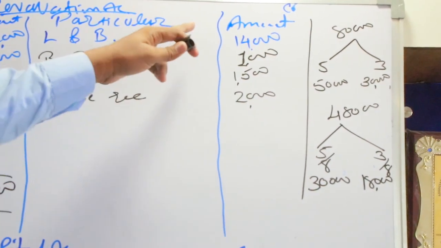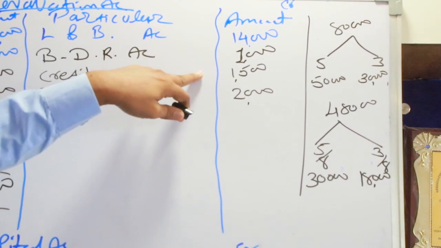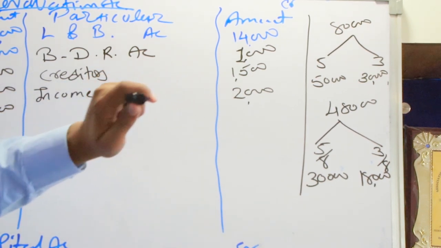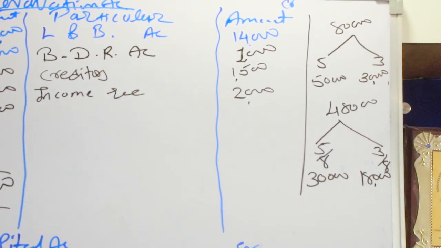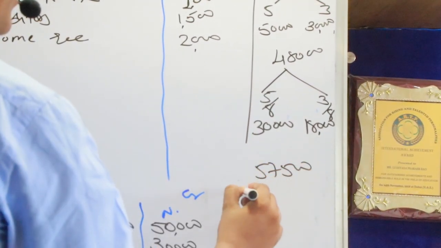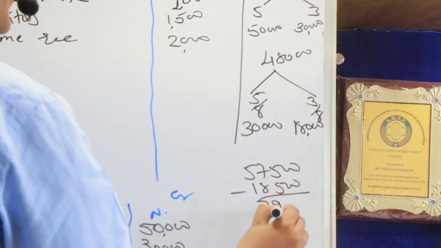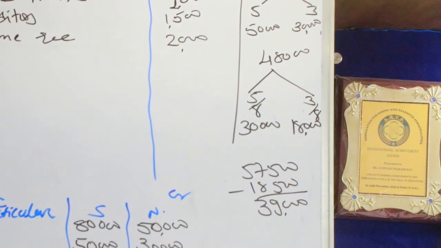Now credit side: 14,000 plus 1,000, 15,000 plus 1,500, 16,500 plus 2,000, 18,500. So here 57,500 minus 18,500, the remaining amount is 39,000, if I'm not wrong.